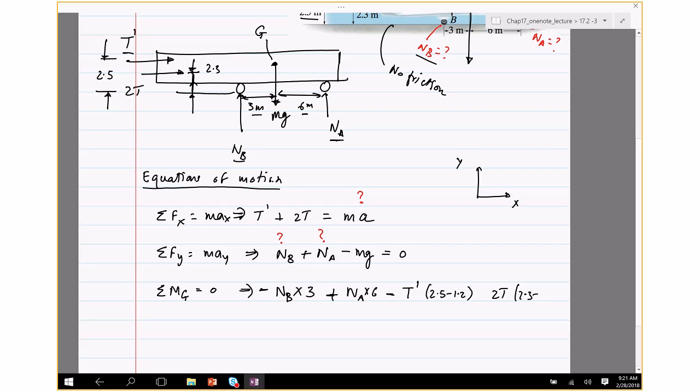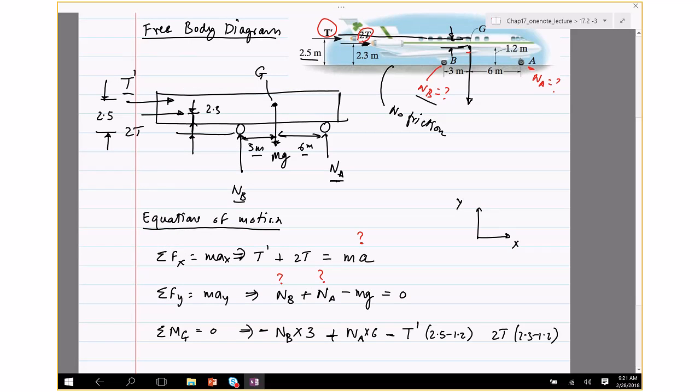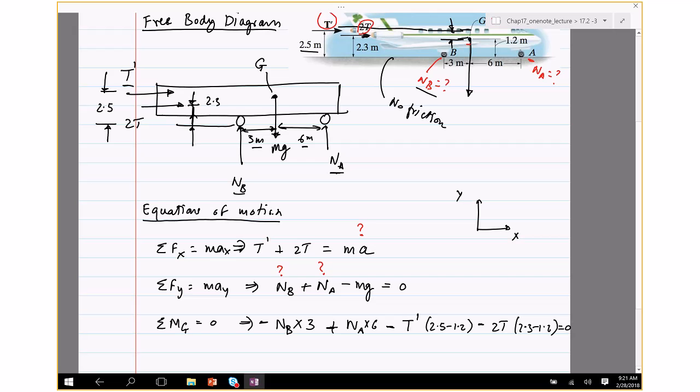You can see that force 2T is acting above G, so it's going to cause a clockwise moment, so that's minus 2T times (2.3 minus 1.2).